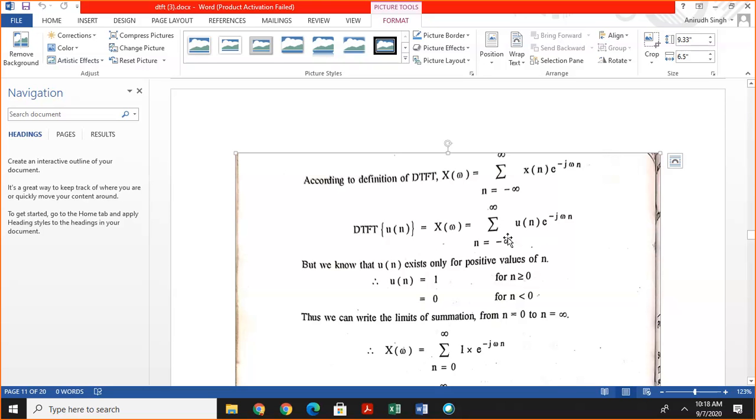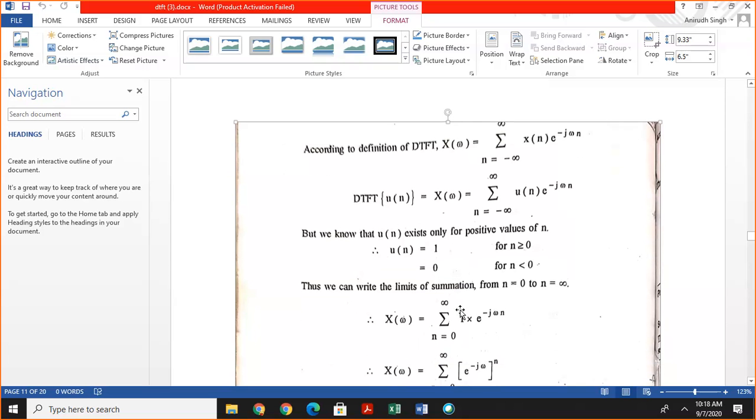This unit step exists only for non-negative values of n, so the limit changes to from 0 to infinity, and the value of u of n is 1. 1 is multiplied by e^{-j omega n}.